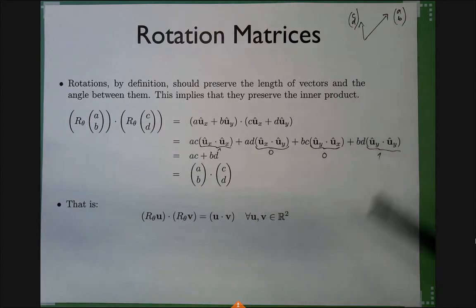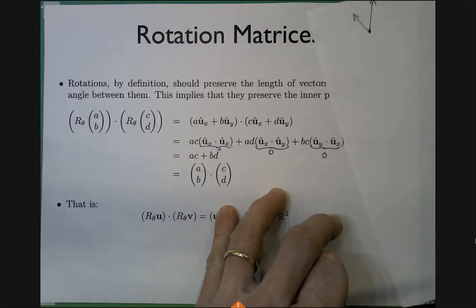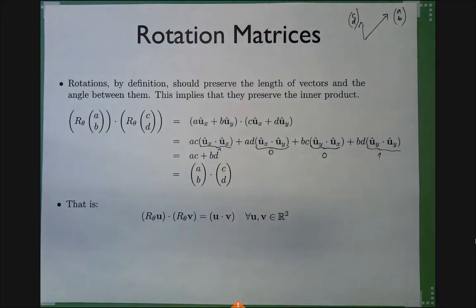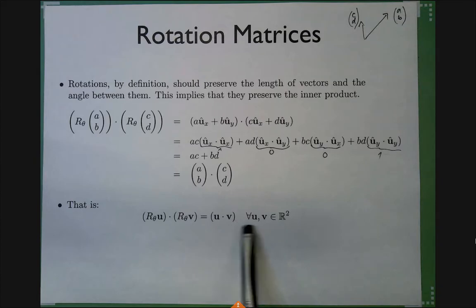So that's the picture I was trying to animate before, that the dot product doesn't change with rotation. I can be rotating this all I want. The dot product between the vectors will always be the same. That's what's summarized here. For any two vectors, they could even be 0 or negative, whatever odd case. The rotation does not change the dot product, the inner product.